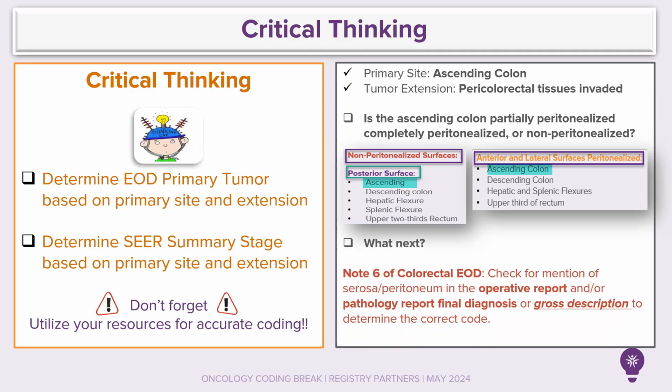Well, we do have an EOD of the primary tumor colon and rectum note 6 that does state, check for mention of serosa or peritoneum in the operative report and/or pathology report, final diagnosis, or gross description to determine the correct code. This also agrees with the SEER Summary Note 7 instructions.